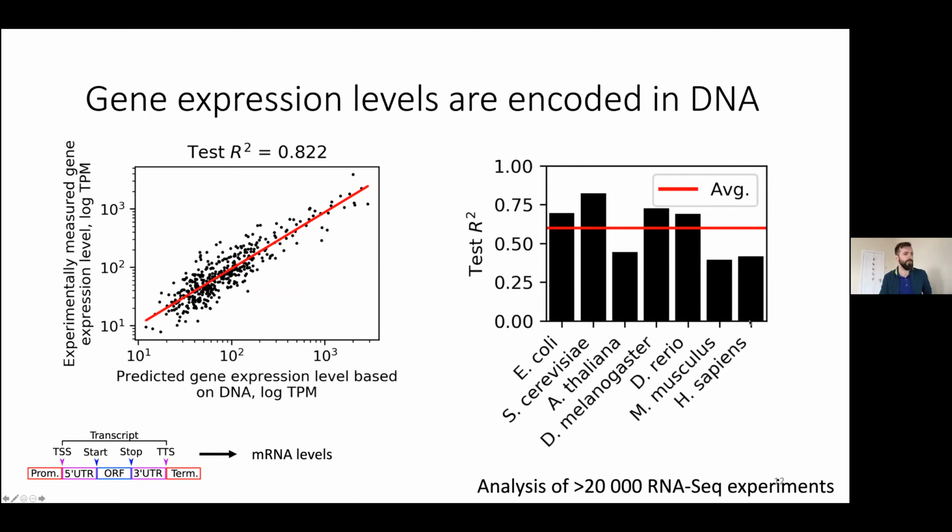Of course you can even do that for human, where we didn't play around. It has a more complex architecture of promoters, like regulatory regions, but there are reports they can do much higher. Nonetheless, by observing DNA, we can learn and extract some information from it in order to predict the gene expression levels.